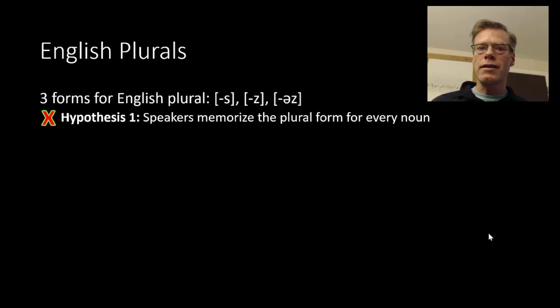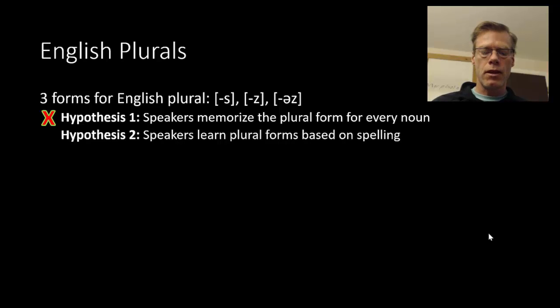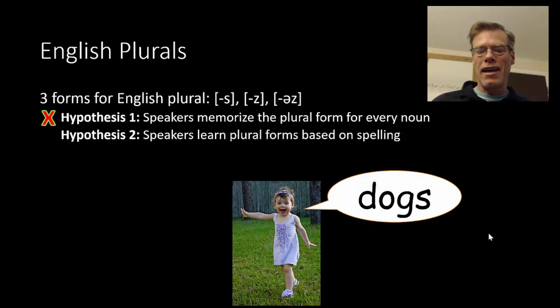So let's posit another hypothesis. Perhaps it has to do with spelling. Maybe we learn which plural to use based on the spelling of the words. Well, there's a really easy way to disprove this hypothesis, and that is to look at illiterate speakers. We've got a whole pool of illiterate speakers: preschool children.